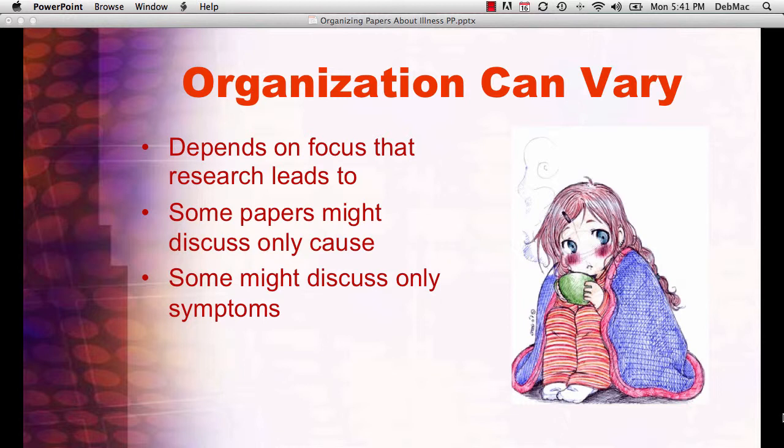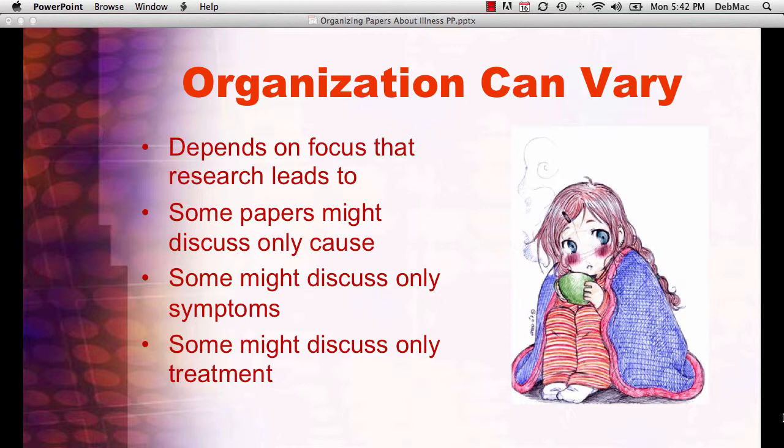Some papers might discuss only the symptoms, and again, we'll discuss situations that might lead to those kinds of papers and how to organize them in just a few moments. And some might discuss only treatments, which we will discuss in a little more depth very shortly. But most papers will discuss all three.